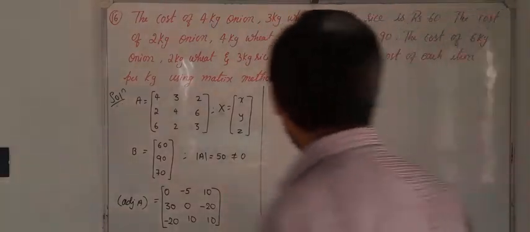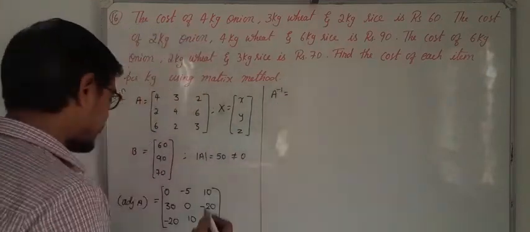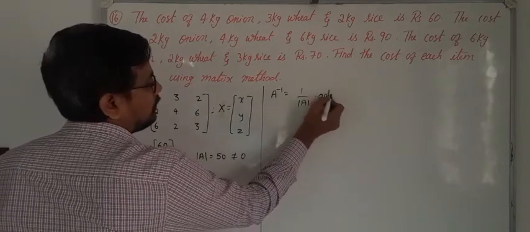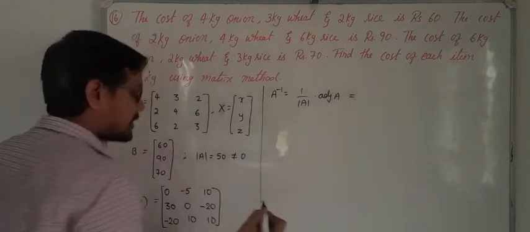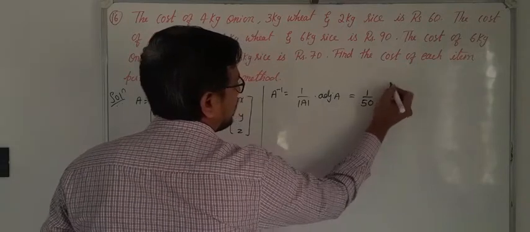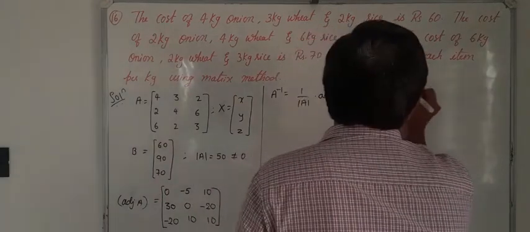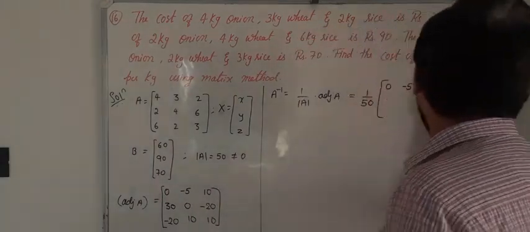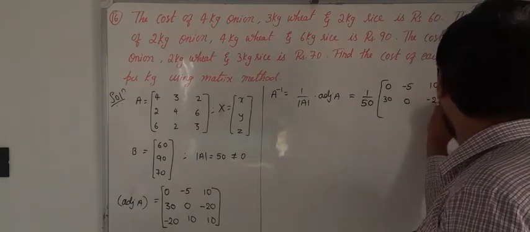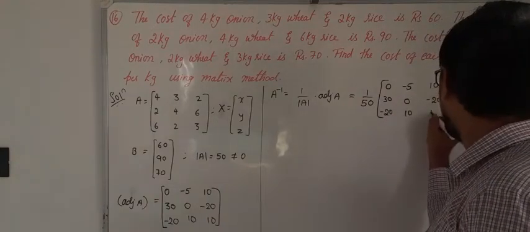Right? So what will be A inverse? A inverse, we know that it is 1 upon determinant A into adjoint A. So it is 1 upon 50 into adjoint A. Adjoint A is 0, minus 5, 10, 30, 0, minus 20, and minus 20, 10, 10.